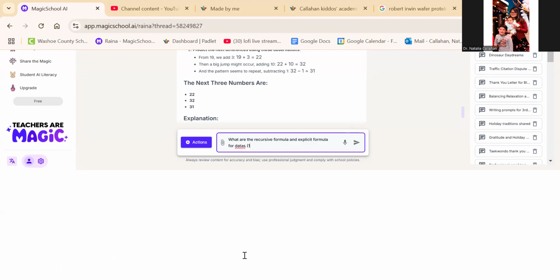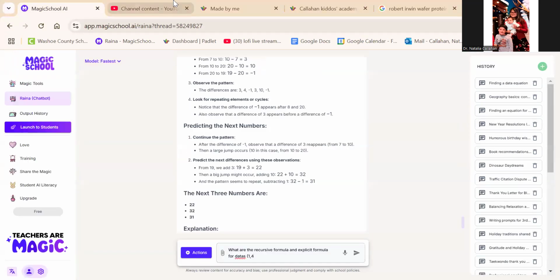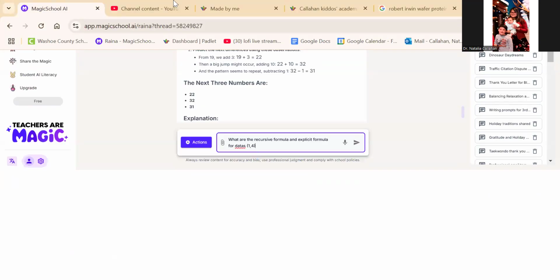Then 2, 6. What's the next one? 3, 8. One more. 4, 10. The more points you have, the better the accuracy, just in case.